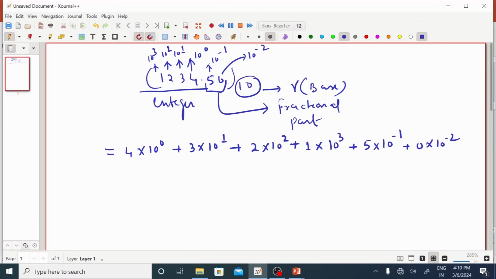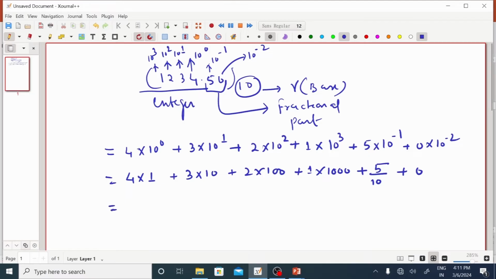So simply, 10 to the power 0 is equal to 1, so 4 multiplied by 1, plus 3 multiplied by 10, plus 2 multiplied by 100, plus 1 multiplied by 1000, plus 5 divided by 10, plus 0.